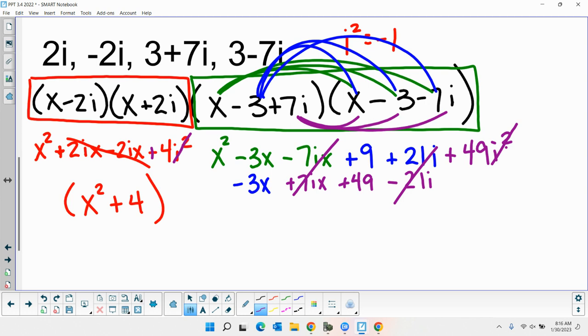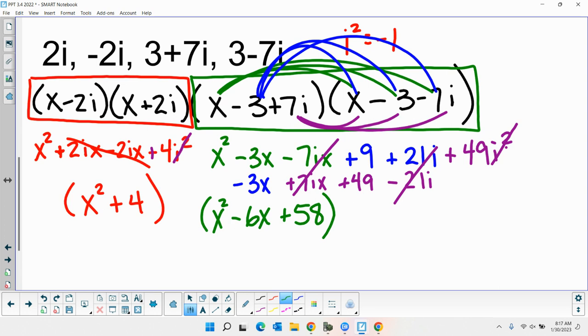So I just combine my like terms now. I'll put that in green. So I got my x squared, negative 6x, and that's what, 58? So no more i's. Am I done though? No. I've got to multiply this red answer by the green answer, then I'll be done.